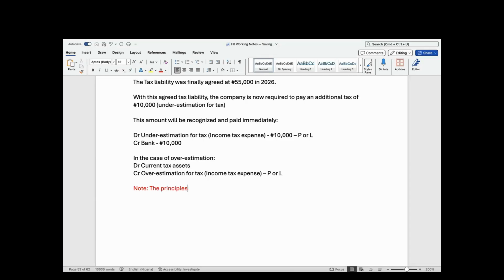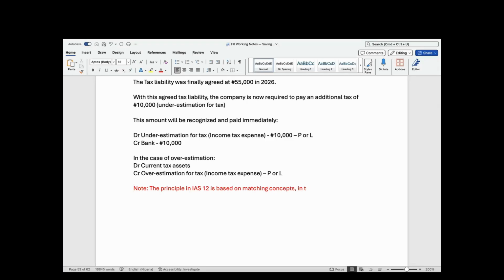The principle in IAS 12 is based on the matching concept.